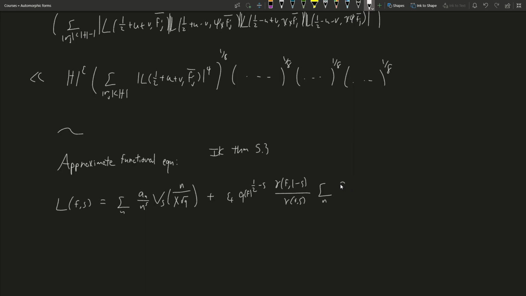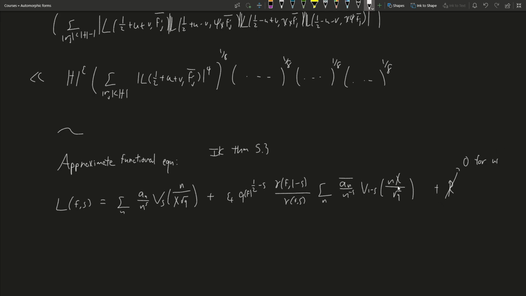Here they have a_n conjugate over n to the 1 minus s, and then V(1 minus s), and then nX over square root of q, and then they have this remainder term R, which is 0 for us. It's 0 if your function is holomorphic.